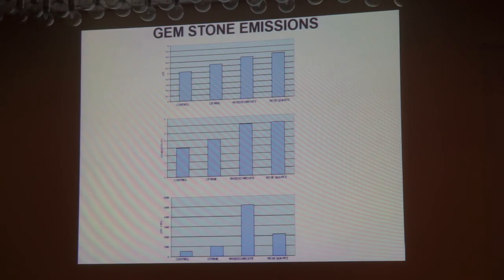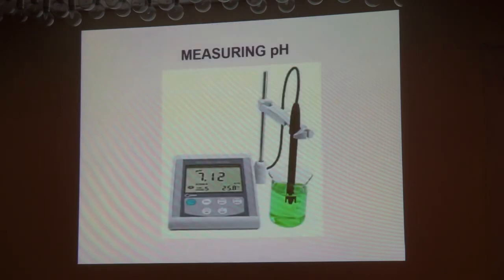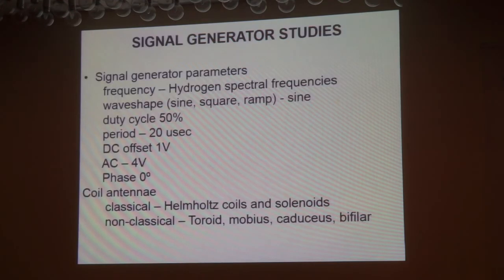Okay, so that's using the GDV to measure. Now, I have done also recently some experiments with pH measurements. The generator for these experiments was a signal generator with the same parameters that I used before, but no longer using the 43 kilohertz. The purpose here was, if you're going to measure pH, the best frequencies to put in the water would be the frequencies of hydrogen.